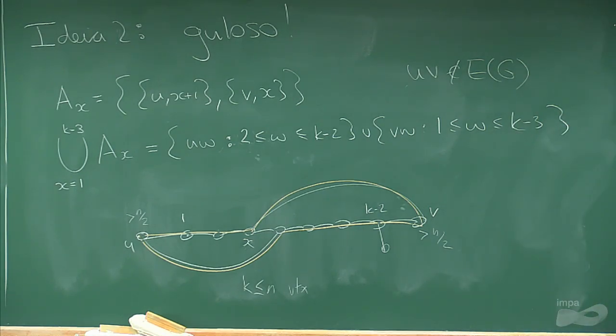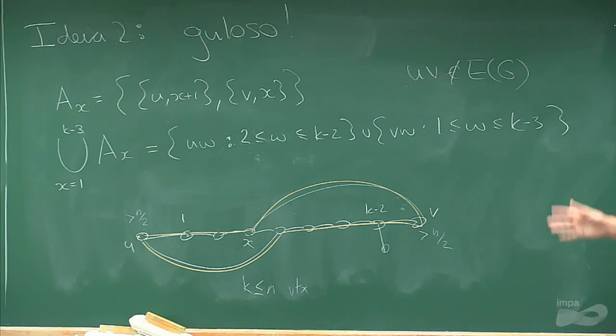That's right. So that's 2 lots of k minus 3. That makes it disjoint, right? It covers all of these edges.